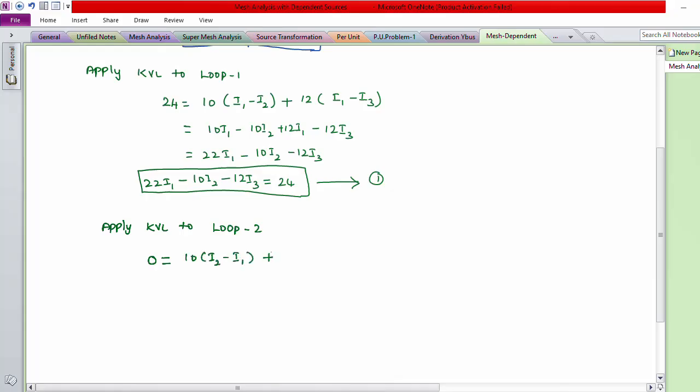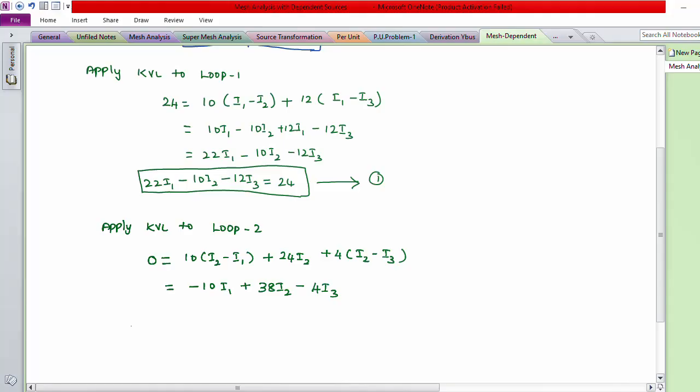Here we are taking the second loop as the major loop, so that we are writing 10 into (I2 minus I1) plus 24 I2 plus 4 into (I2 minus I3). So now we can simplify that: minus 10 I1 plus 38 I2 minus 4 I3.